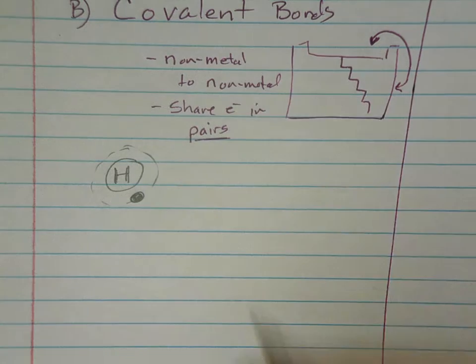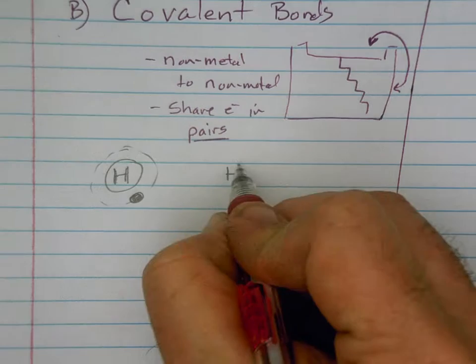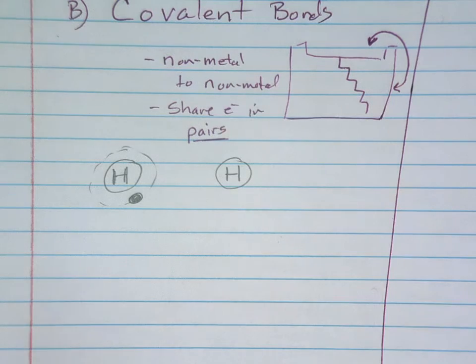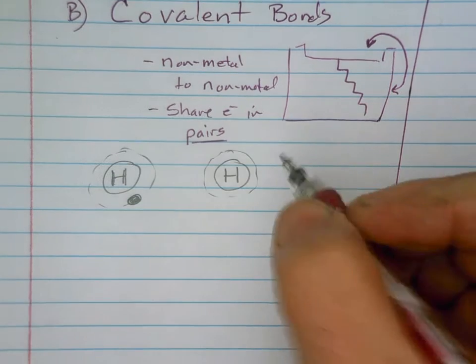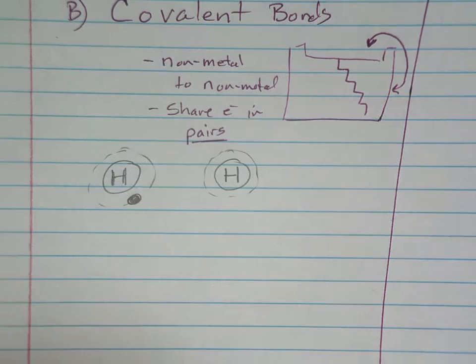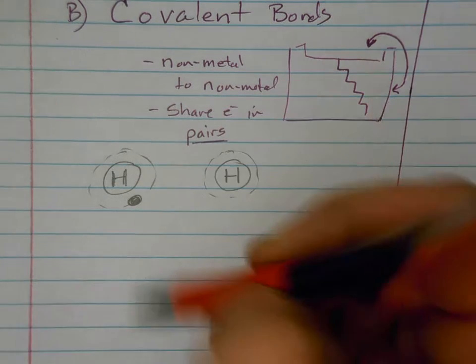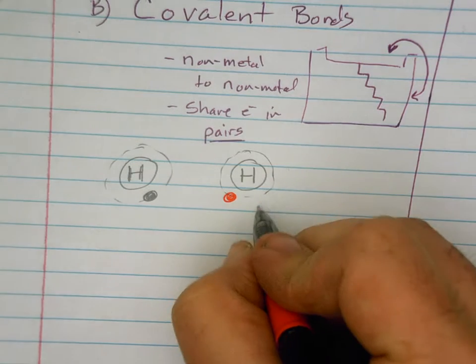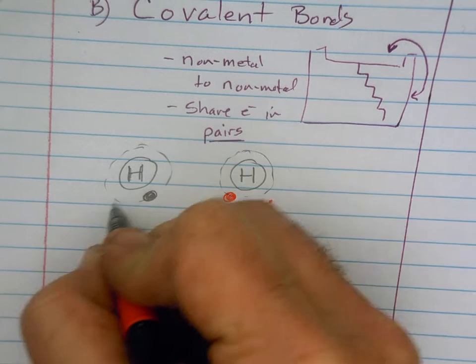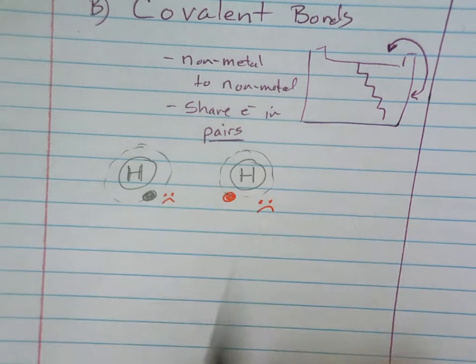And now we're going to draw another hydrogen over here, because we're talking about a couple of hydrogens coming together. Now I'm going to color code the electrons. You don't have to. I'm just going to do it so that it's a little bit easier to see. So this hydrogen's got that 1 electron. Both of these atoms by themselves are unstable. They are not happy.